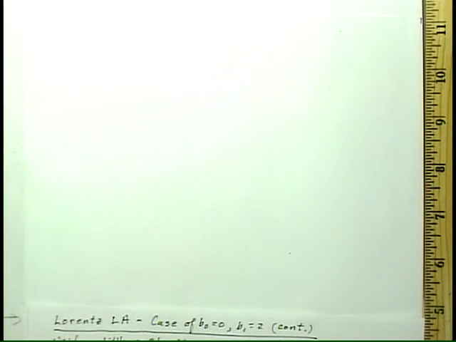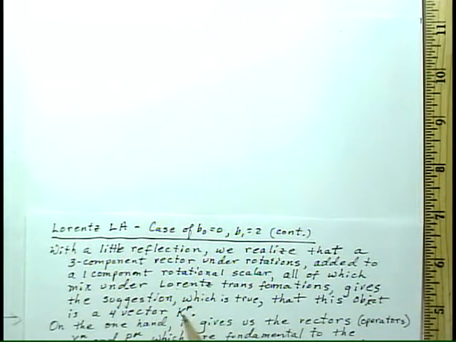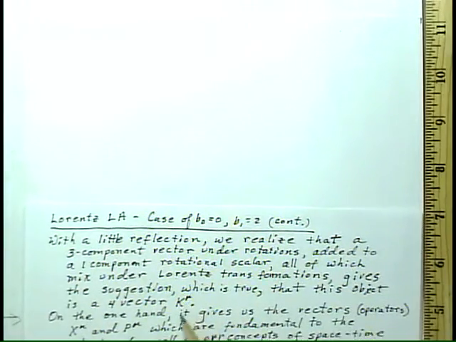Well, with a little bit of reflection, we realize that a 3-component vector under rotations added to a 1-component rotational scalar, all of which mix up under Lorentz transformations, gives the suggestion, which is true, that this object is a 4-vector k mu. You recall that k mu has a 0th component, which is a scalar under rotations, like time is, or like the energy is, and then the other parts, ki, form a vector under rotations.